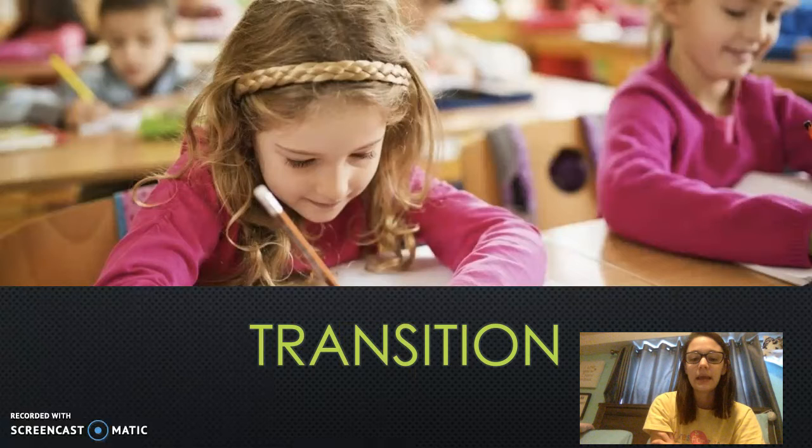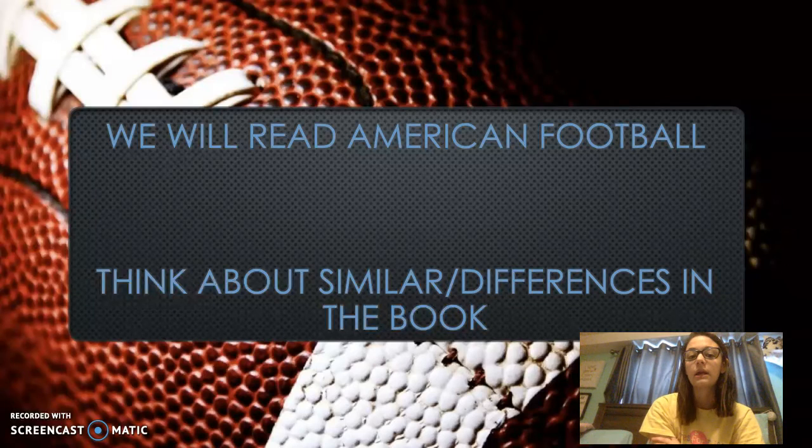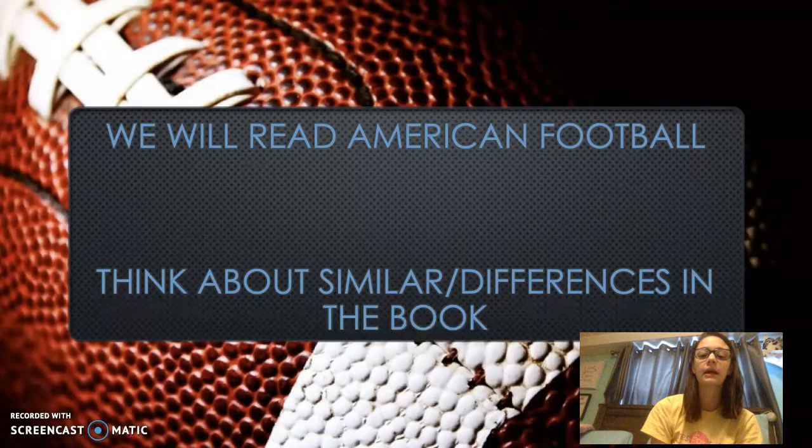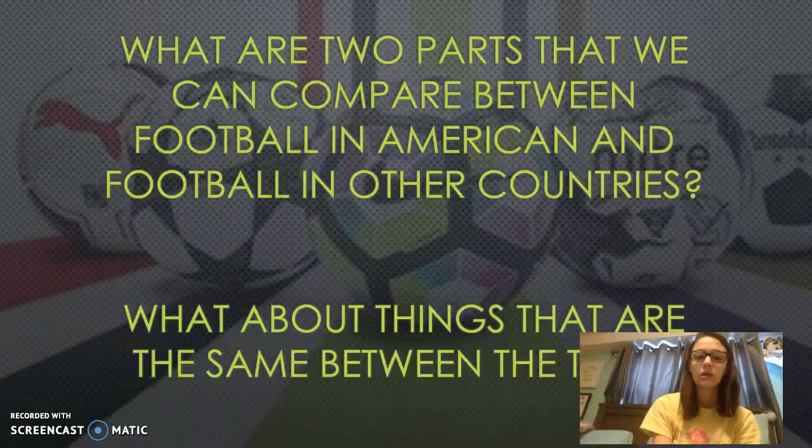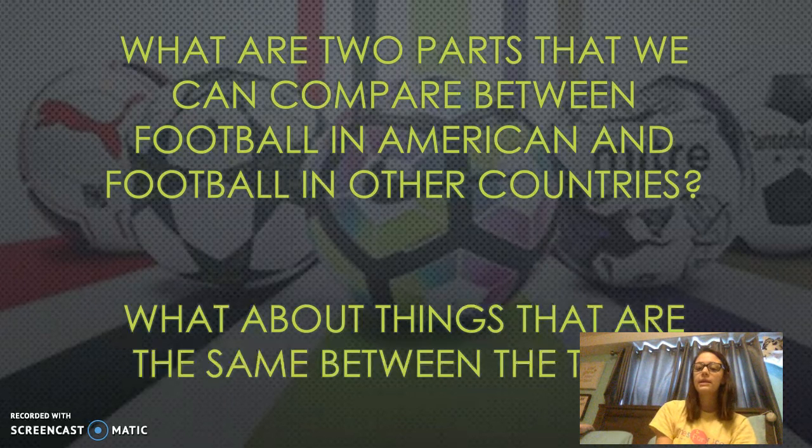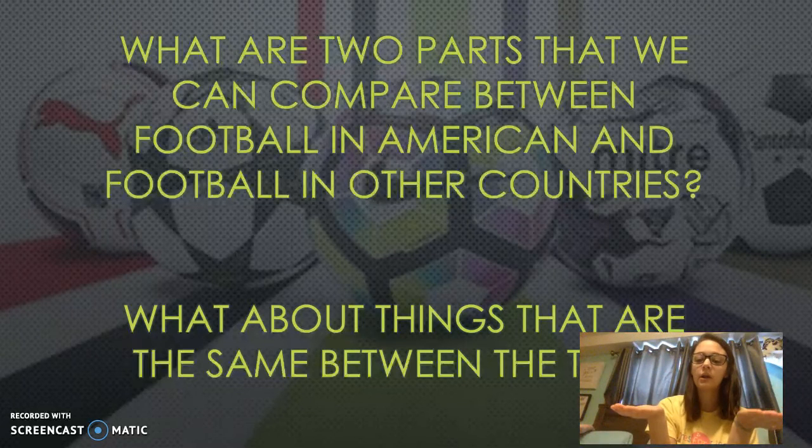Today, we're actually going to be reading American Football. Let's read pages 4 through 10 together, and let's also think about some similarities and some differences that the book gives us. After reading, what are 2 parts that we can compare between American football and football in other countries?